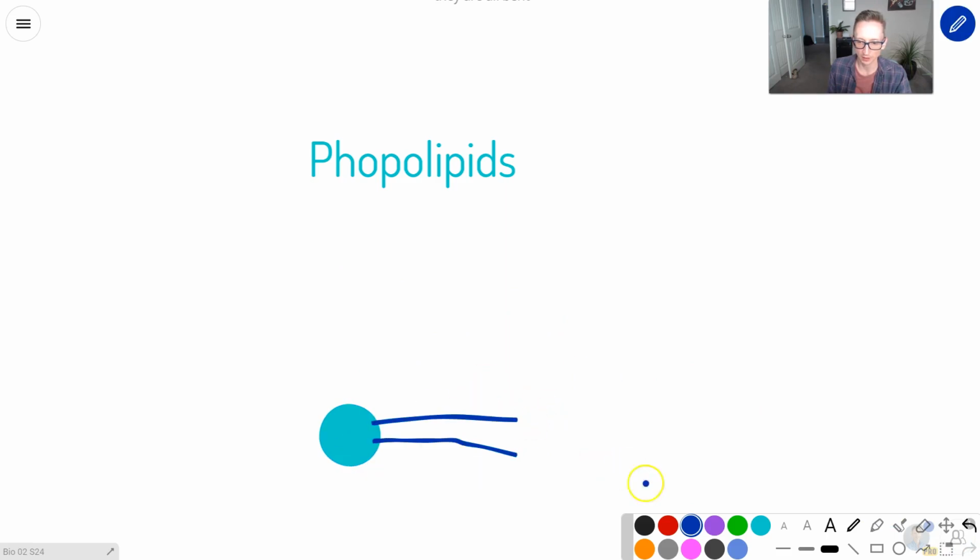So these parts here are a hydrocarbon tail. They are made out of hydrogen and carbon, and so then they are hydrophobic, which means they don't like water. They don't want to be with water. They're just like any other lipid.